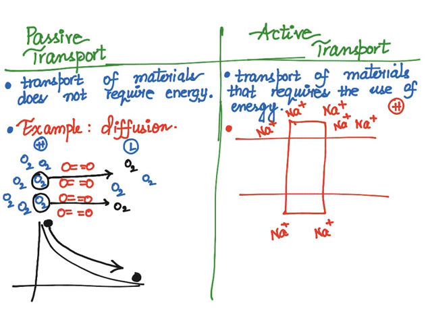Now, if we need sodium ions to go from low concentration to high, the cell is going to transport the sodium ions from a low concentration area to a high concentration area. And for that, the energy that is going to be used is the cell's energy in the form of ATP, and this type of transport is called active transport.